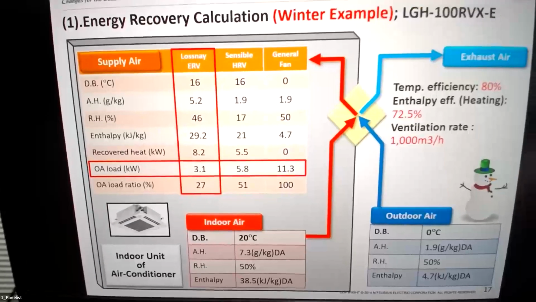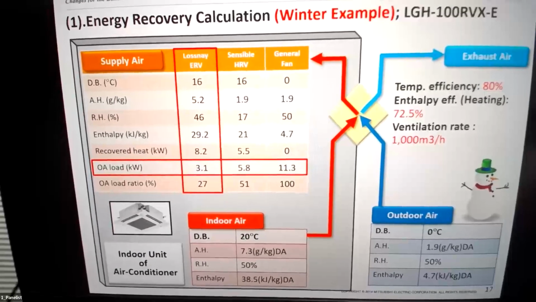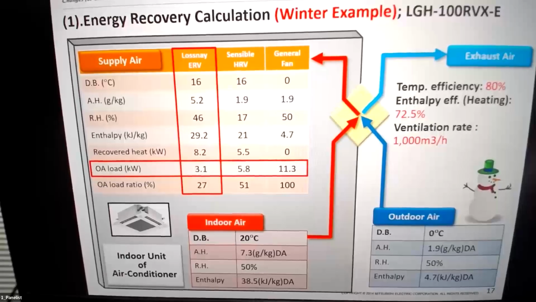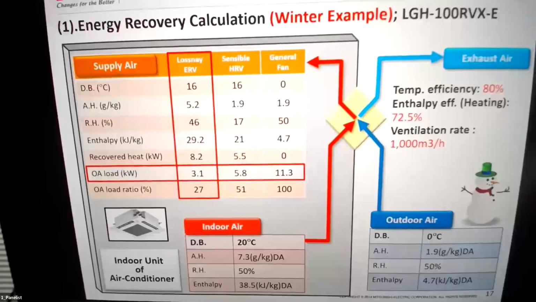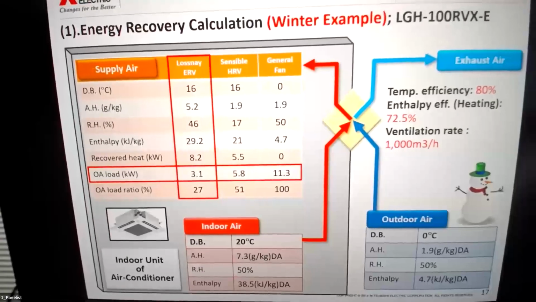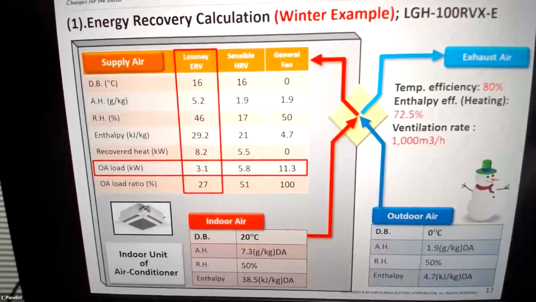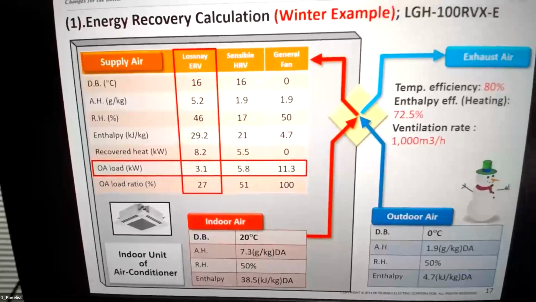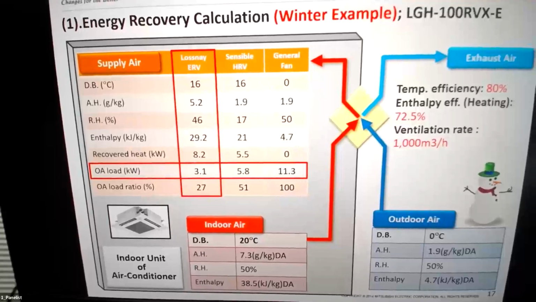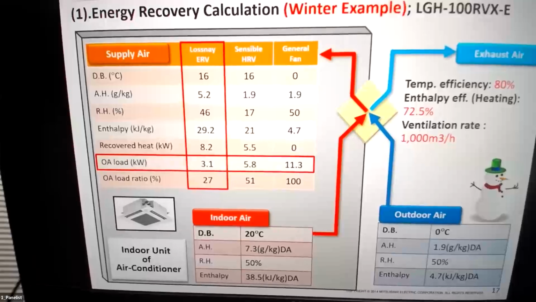In case of energy recovery ventilator, paper base, moisture recovery, enthalpic recovery, not only temperature but also humidity. Thanks to that, 1.9, no, 5.2, similar to room absolute humidity. That means energy saving, no need to add humidity. That means the humidifier, no need to work a lot.